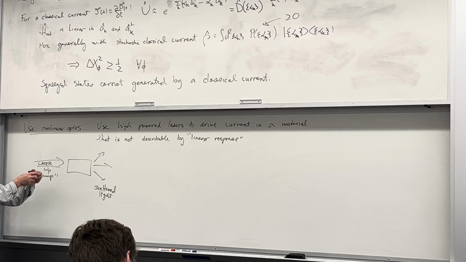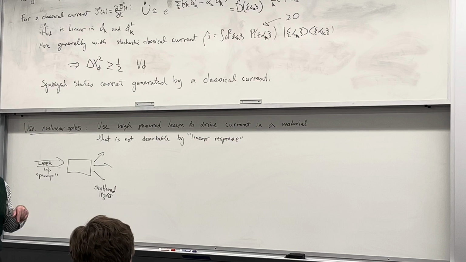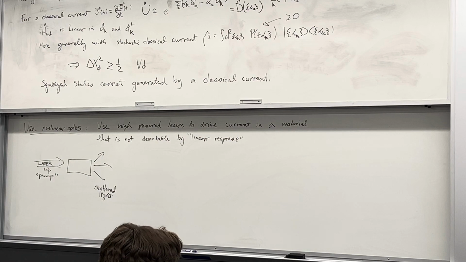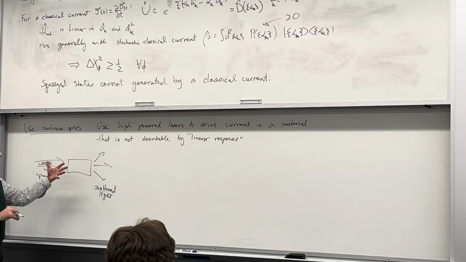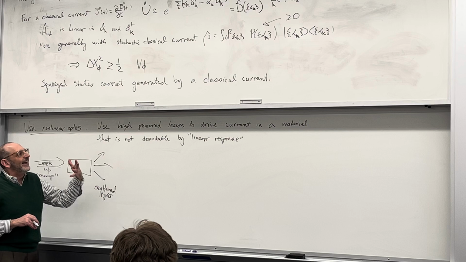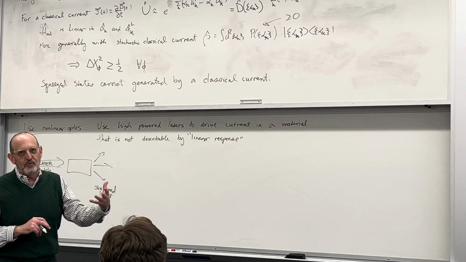The pump light is scattered into other photons, into other modes. Those other modes could be other directions, they could be other frequencies, okay? To the degree to which we can still think about this, even though it's not linear response, I can think about it in a perturbative way.